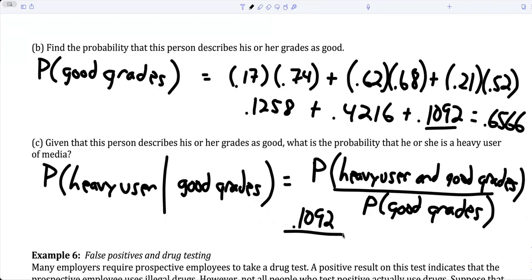That's the probability that they're a heavy user and they get good grades, divided by the overall probability that they get good grades, which is 0.6566. And so the answer to this one is 0.1092 divided by 0.6566, which is 0.166.